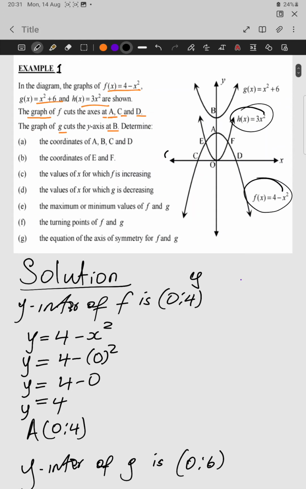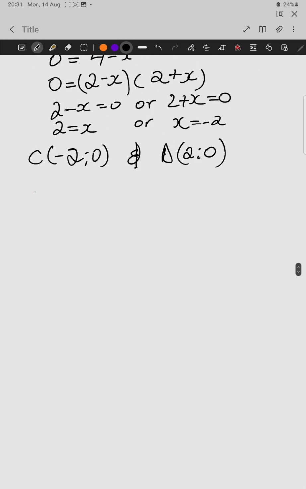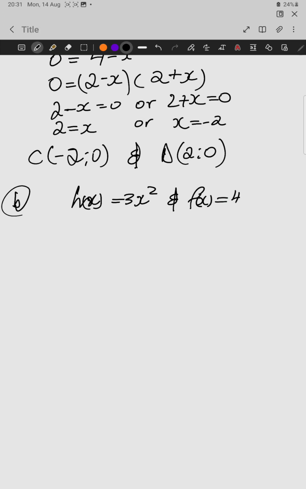Now in part b, the equation of h is 3x squared, and the equation of f(x) is 4 minus x squared, and then we just equate the two equations together.